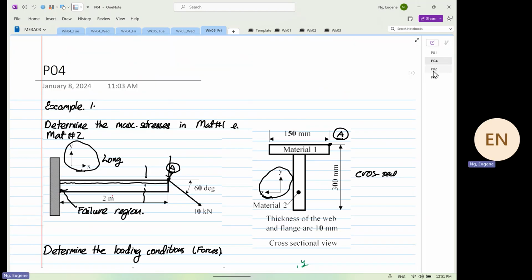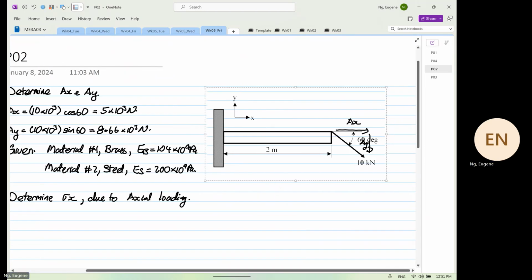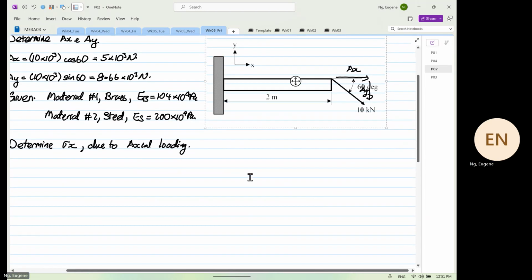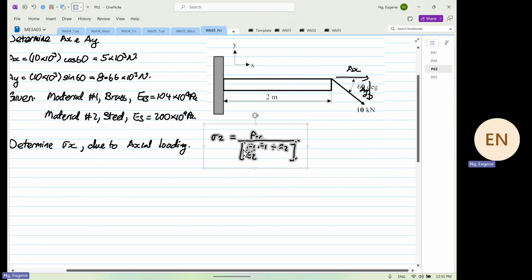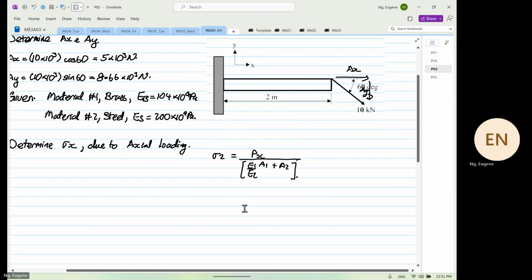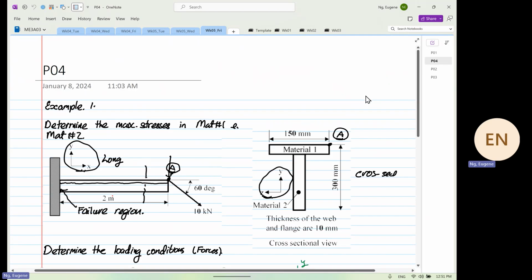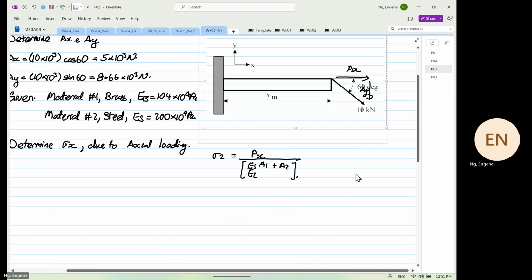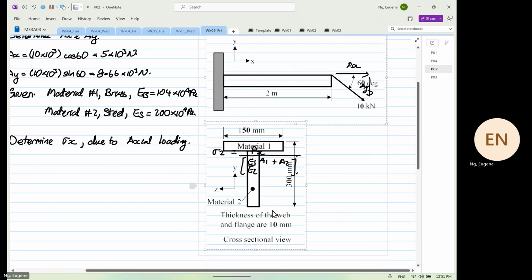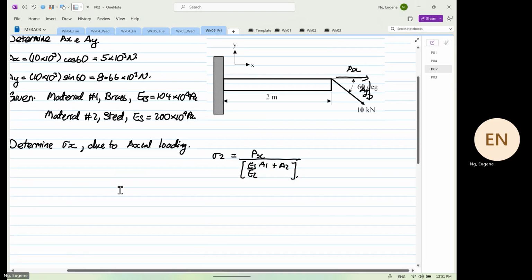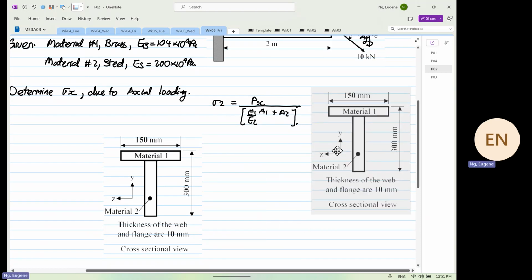This formula will be provided. Okay. So I'm going to copy the other image across so you can see what we are doing.